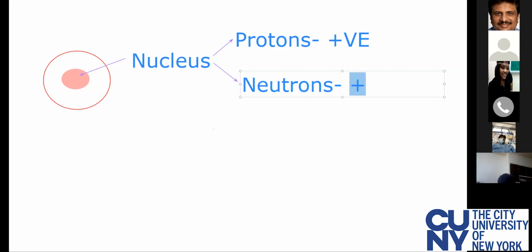So neutrons are neutrally charged. Now, this is the nucleus. Around the nucleus is revolving another particle.